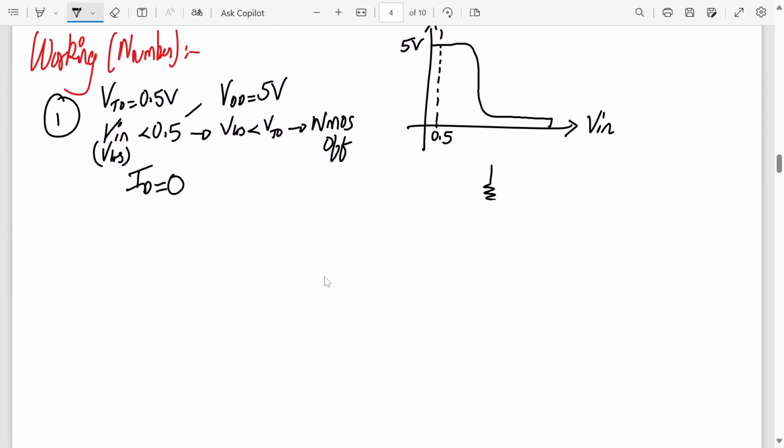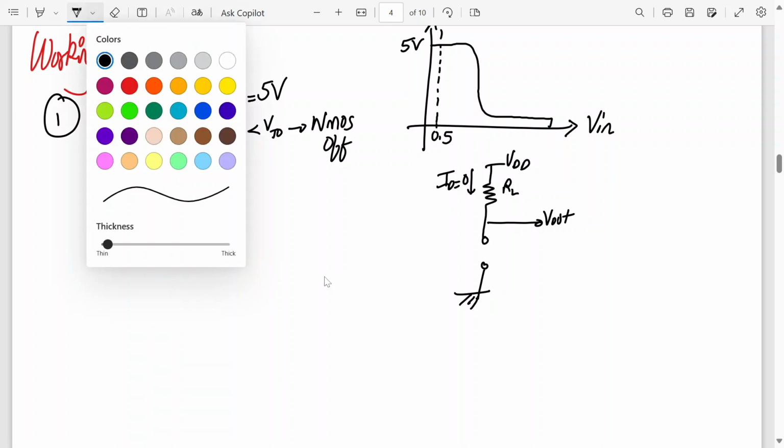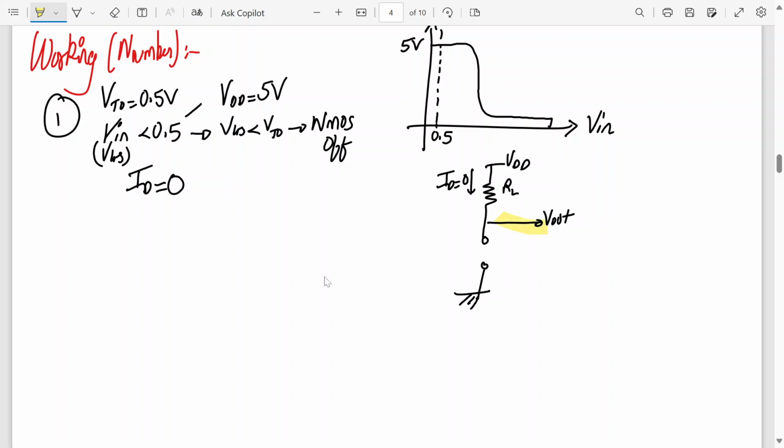If ID is 0, this will act as an open switch. Yes or no? So what will be my V out? V out will be equal to VDD. Some amount of current will flow, but it will be almost equal to VDD, because ID is 0. So no voltage drop across this. Output will be pulled up towards VDD. So no voltage drop across RL.